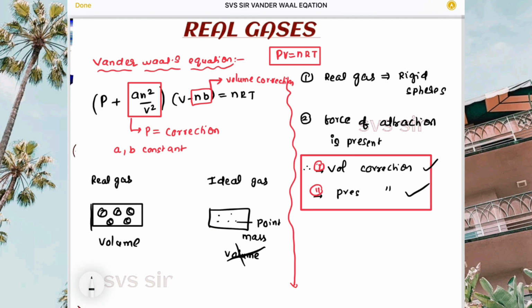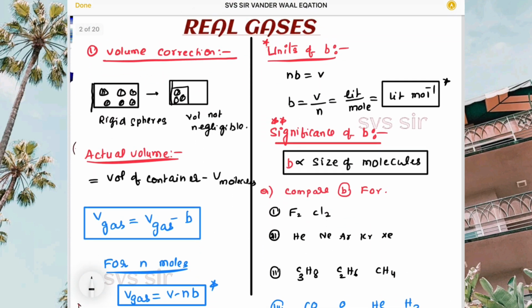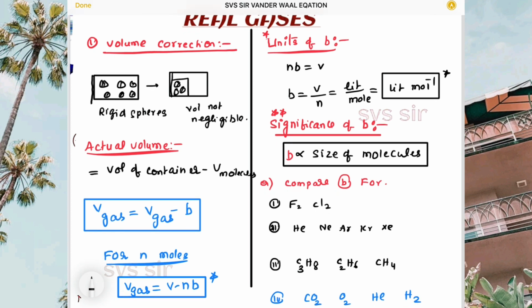So in real gases, attractions are there as well as volume also we have to consider. Now concentrate on volume correction. When you take real gases, these are rigid spheres, therefore definitely they are occupying some volume, some space.